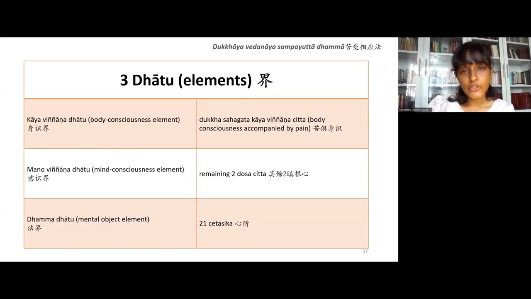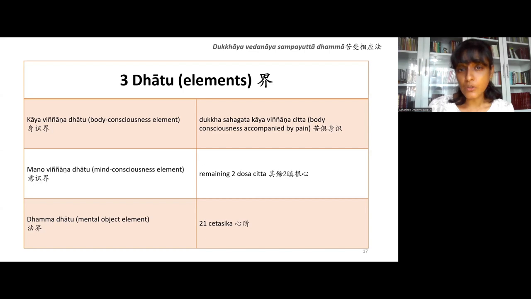Next, we come to dhātu. Out of the 18 dhātu, the first 10 are Rupa dhātu. They contain only matter, so we don't consider them. Next, we get Chakku, Sota, Gana, Jibha, Vijnana dhātu. All of these are accompanied by equanimity. Therefore, we don't get those 4.